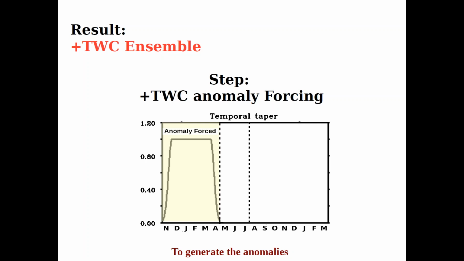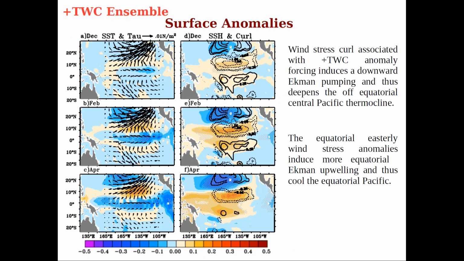So here, I will discuss the anomaly first. This is the surface anomaly pattern. Here it is SST and tau x, shown as contours, and SSH, which is the proxy of the thermocline, is shaded here.